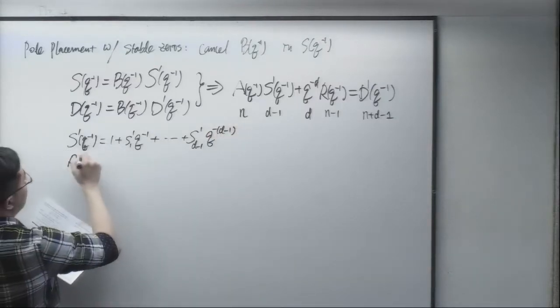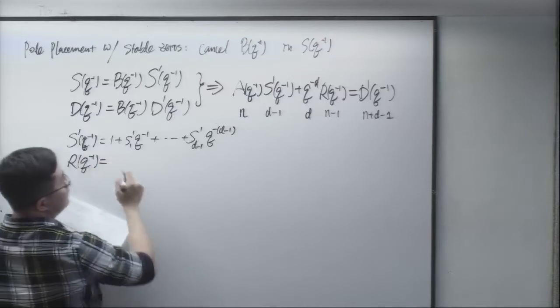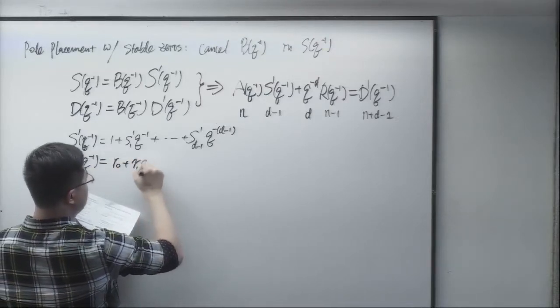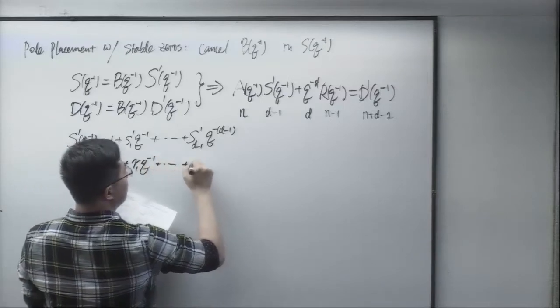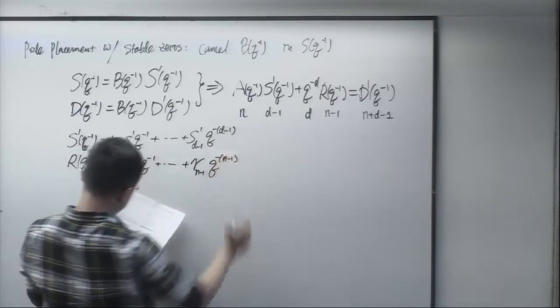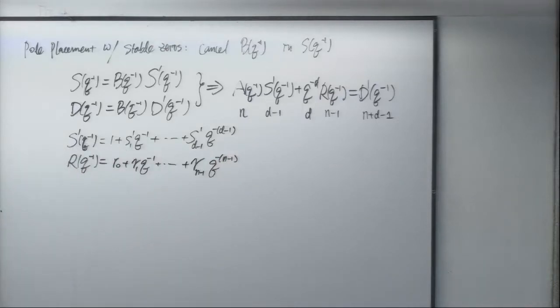And then R is R0, R1, up to Rn minus 1. Right? That will be the design.